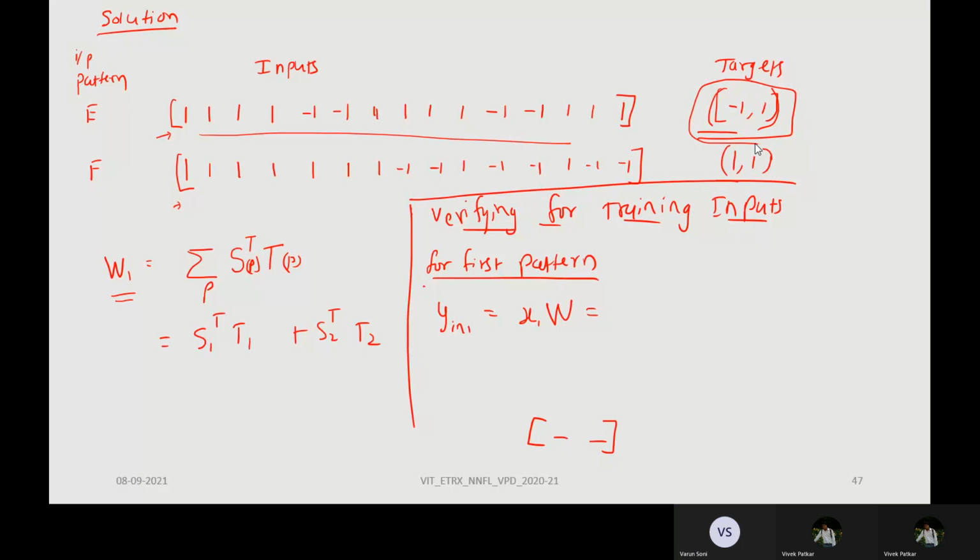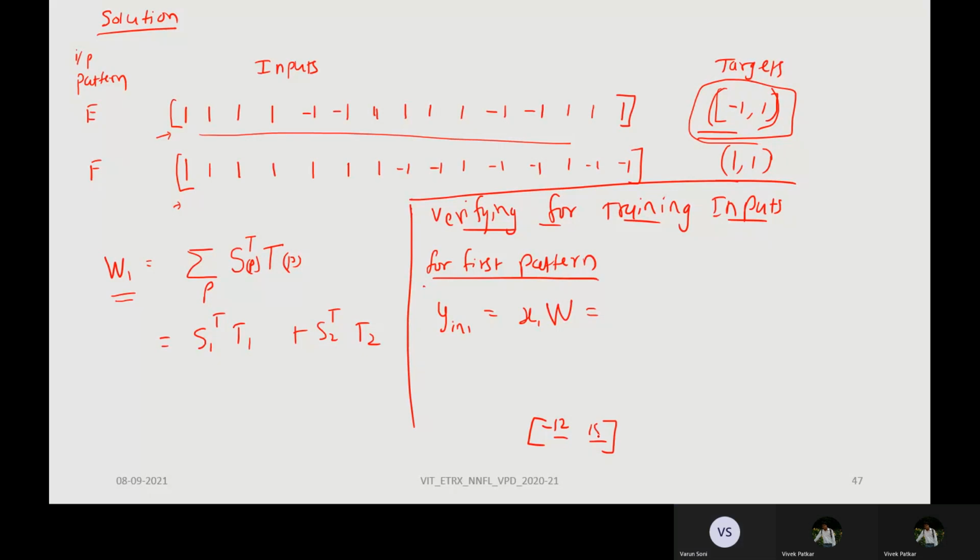Now apply the activation function. What does it get converted into? You got minus 12 and 18.